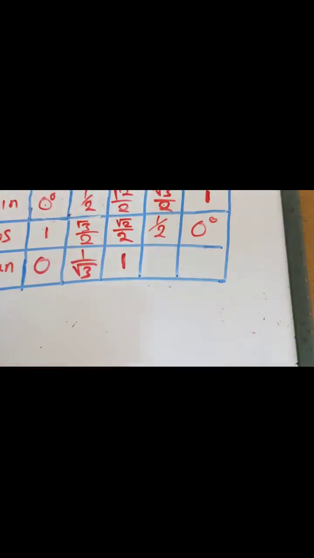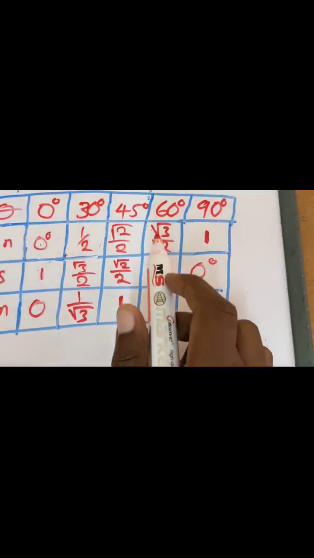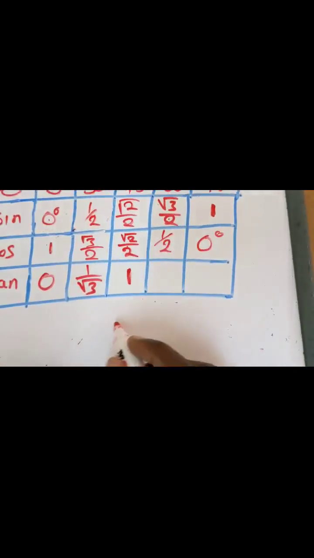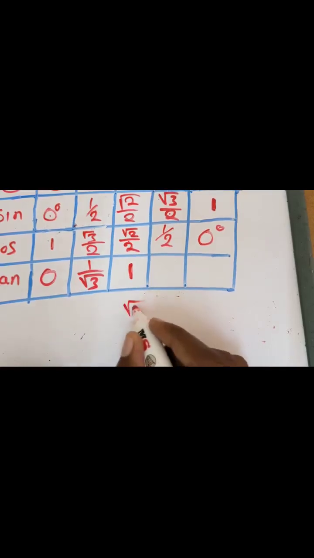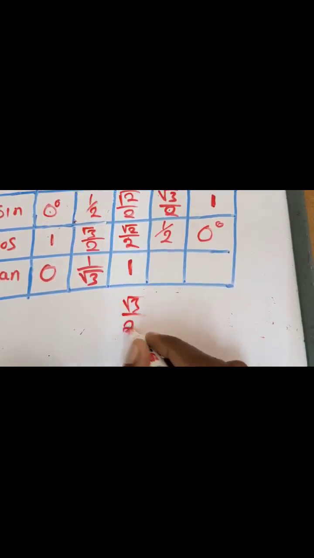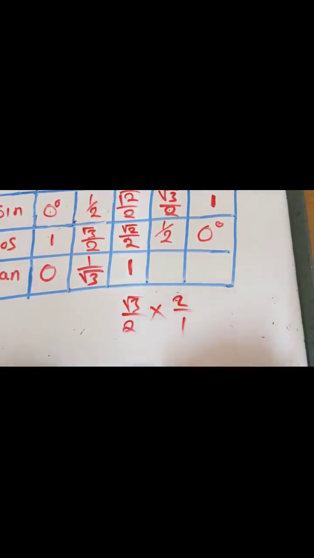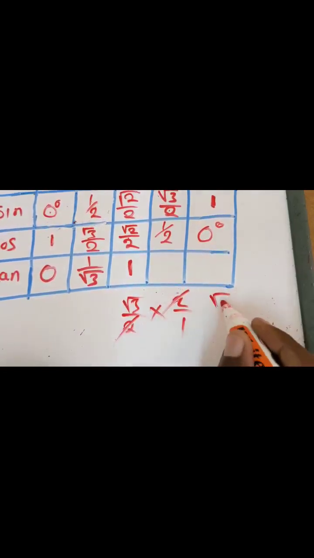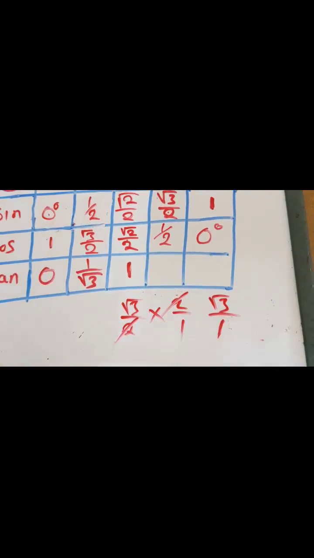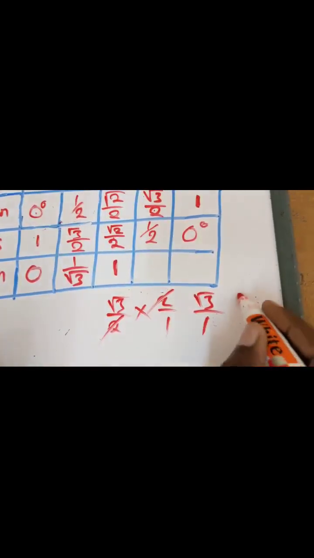So this one, that is root of 3 divided by 2 multiplied by 2 over 1. This 2 goes, so that will be root of 3 over 1, which is just root of 3.